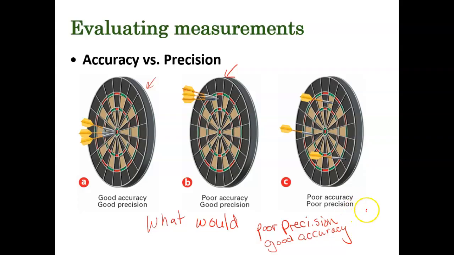This is going to be letter D. I would like you to think about what poor precision and good accuracy would look like, or can you even have it? Maybe you can't even have it. But look at your three targets, your three drawings, and try to determine what D is. We'll evaluate it in class, okay?